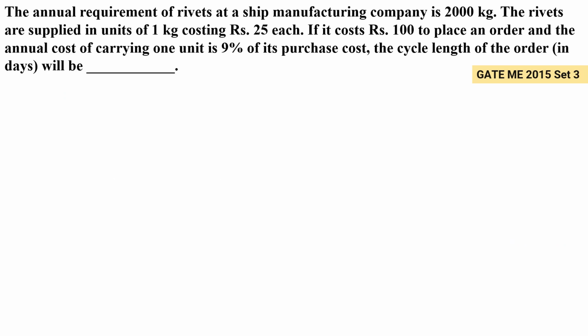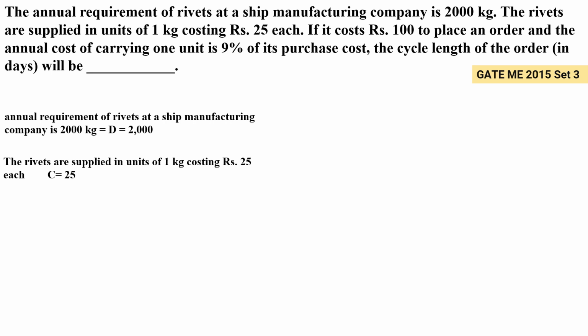Annual requirements of rivets at a ship manufacturing company is 2000 kg. The rivets are supplied in units of 1 kg, costing 25 rupees each. If it costs 100 rupees to place an order and the annual cost of carrying 1 unit is 9% of its purchase cost, then the cycle length of the order will be dash. So here given the annual requirement of rivets, capital D equal to 2000, and the rivets are supplied in units of 1 kg costing 25 rupees.